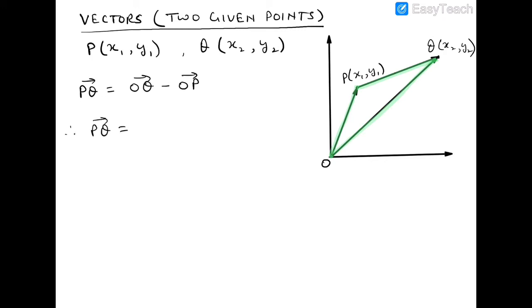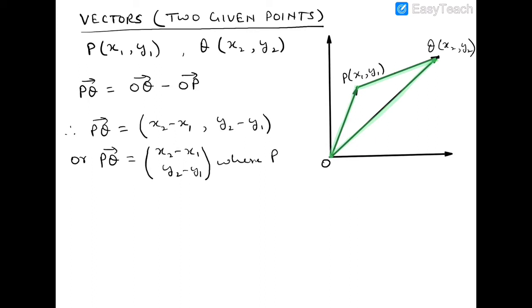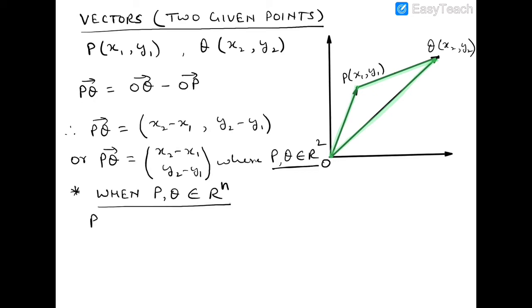Therefore PQ is equal to (x2 minus x1, y2 minus y1), or PQ is equal to x2 minus x1, y2 minus y1 written vertically, where PQ belongs to R2, 2 dimension. So when PQ belongs to Rn, or n dimension, then what will happen?